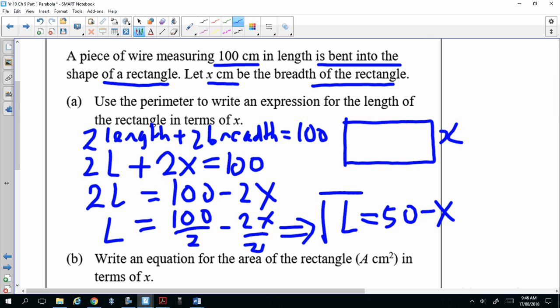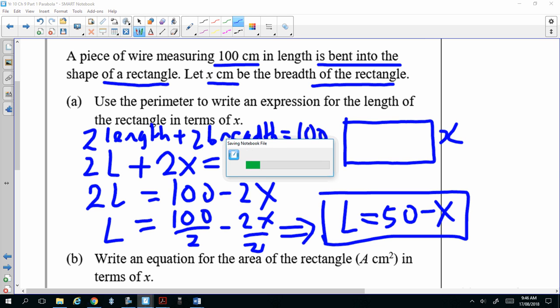That's the expression for the length. Okay, write it down. So let's label that over here. So the length of the rectangle is 50 minus x.